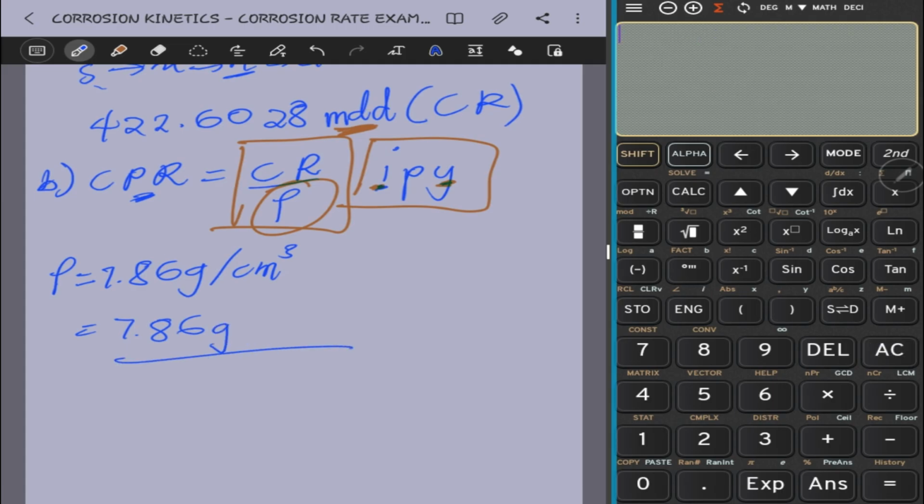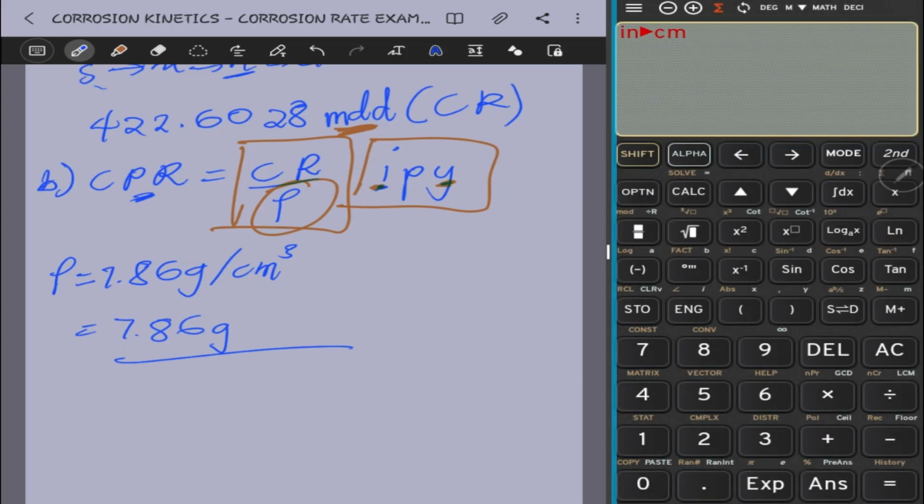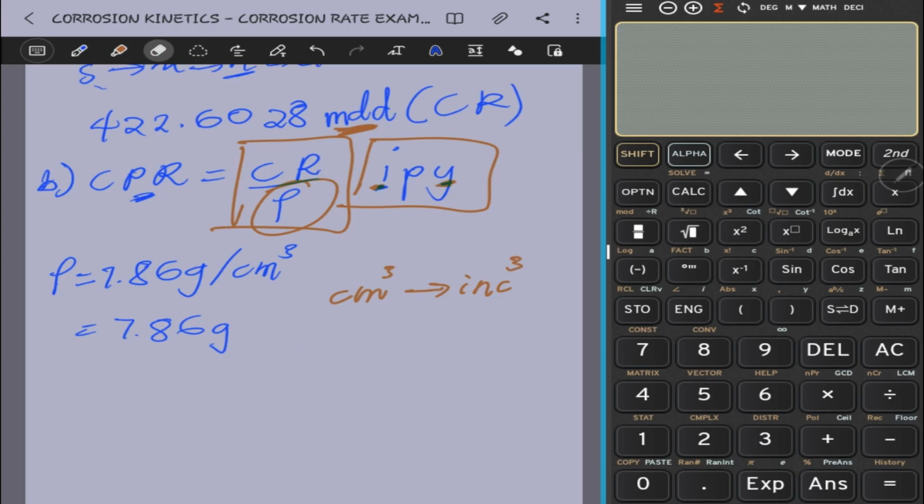So let's see conversion. Centimeters to inch. We're changing centimeters cube to inch, not just inch. But there's a way to go about it. It's not that complex. You have the calculator, so you can do the conversion.